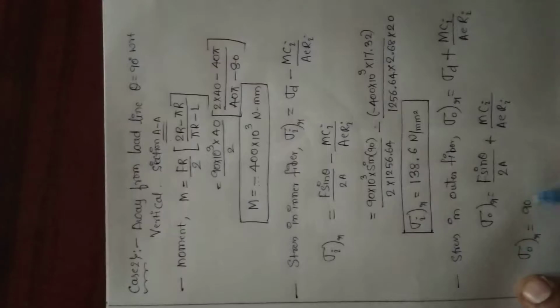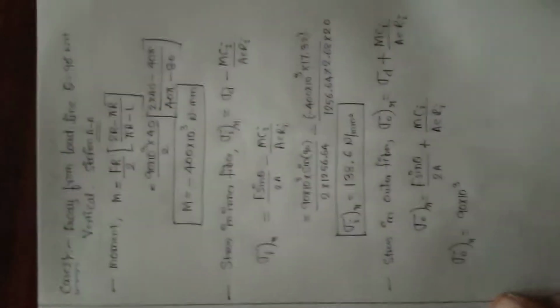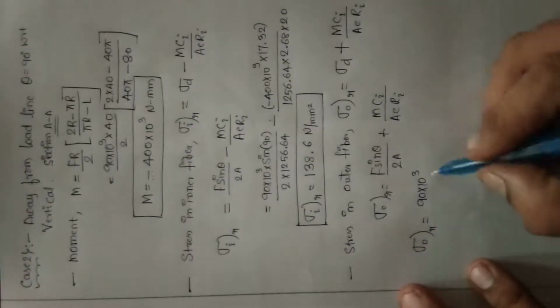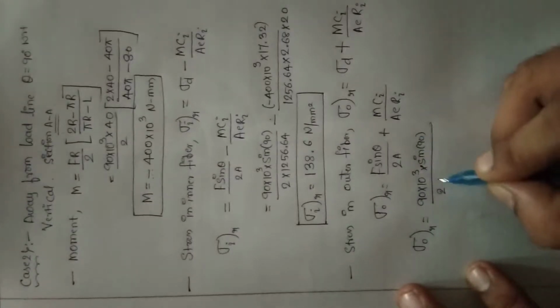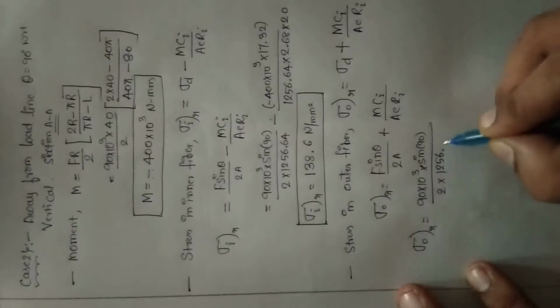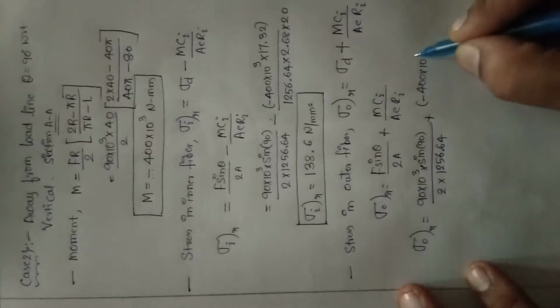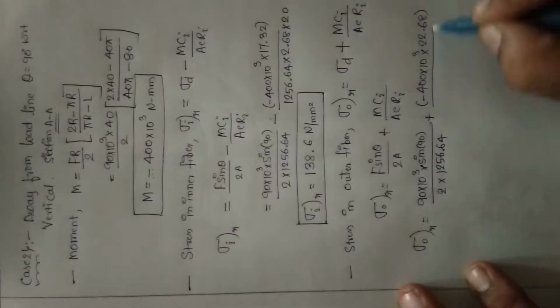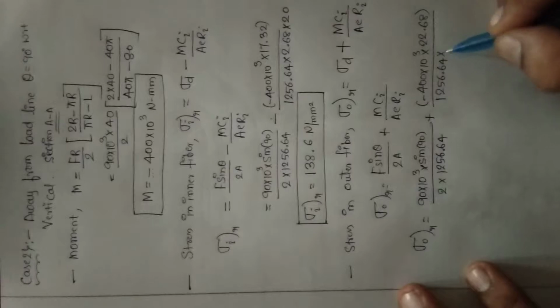When I write the numerical value, I will write it directly. F I know is 90 into 10 raised to 3 into sin 90, whole divided by 2 into 1256.64, plus minus 400 into 10 raised to 3 into 22.68, whole divided by 1256.64 is the area, e is 2.68 and R naught.